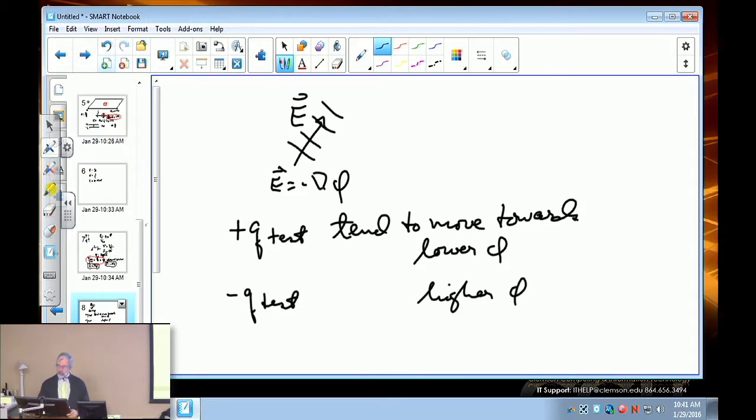If you put a plus Q and a minus Q here, the plus Q would move in the direction of the electric field, which goes towards lower phi. The negative Q would go in the opposite direction, because the force on it would be the opposite force. So it's going towards higher phi.